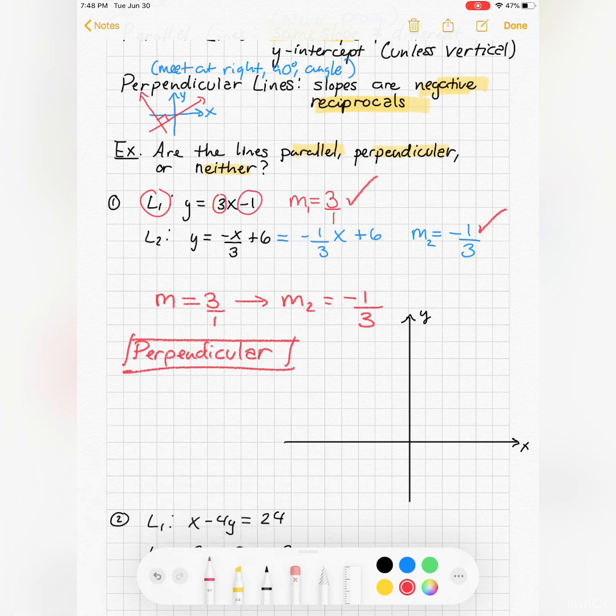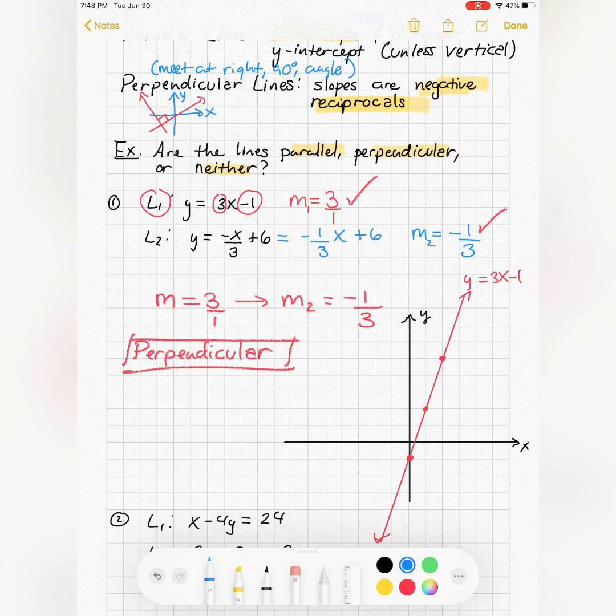The y-intercept is negative 1. The slope is 3. Up 3, right 1. Up 3, right 1. So that's the first line. It's y equals 3x minus 1.